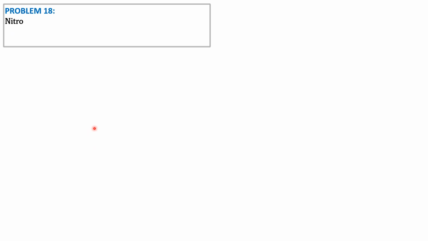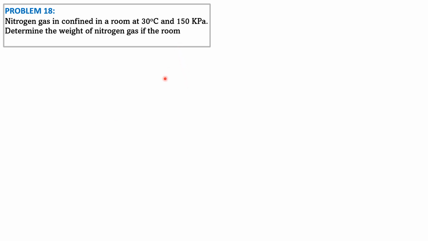Problem 18. Nitrogen gas is confined in a room of 30 degrees Celsius and 150 kilopascals. Determine the weight of nitrogen gas if the room measures 6 meters by 8 meters by 3 meters. So this is just an additional problem.